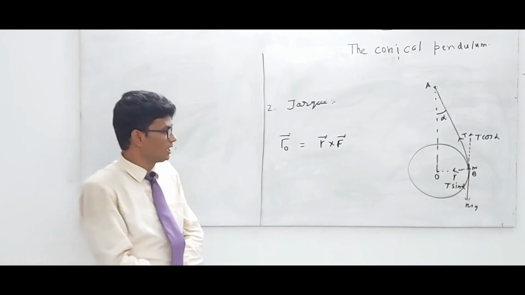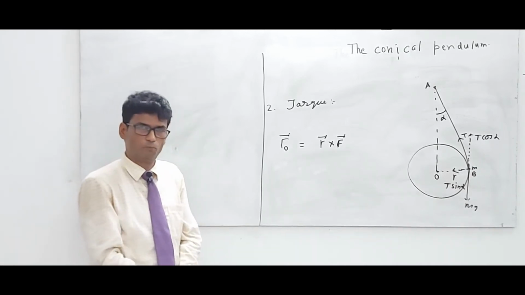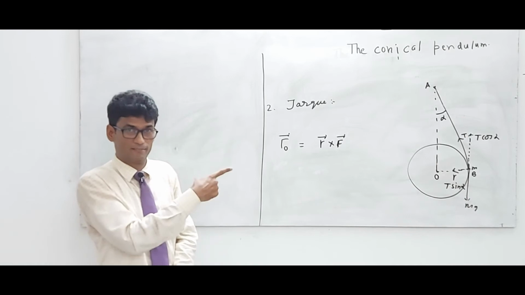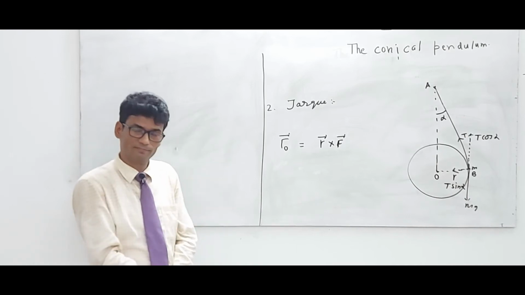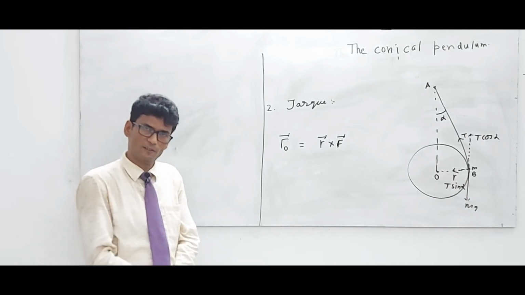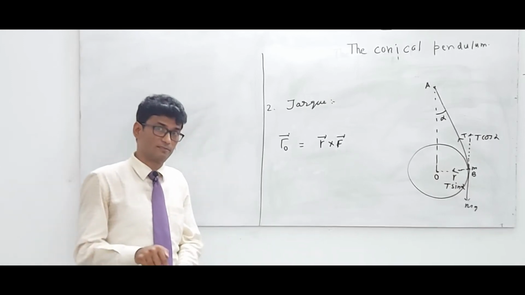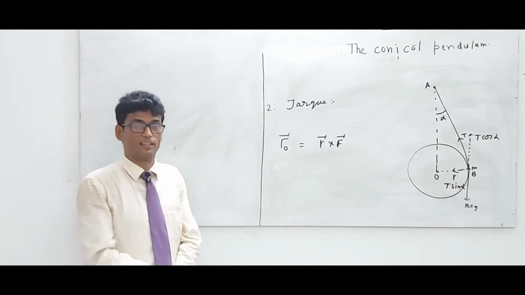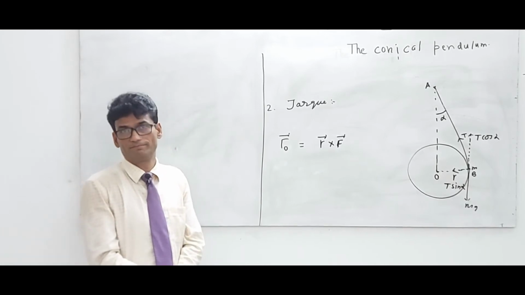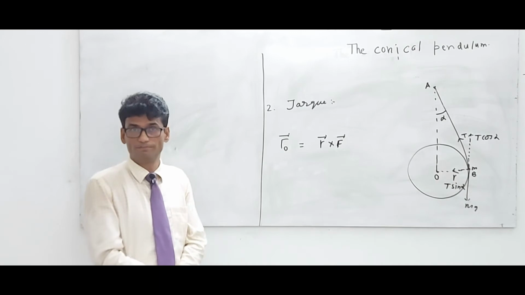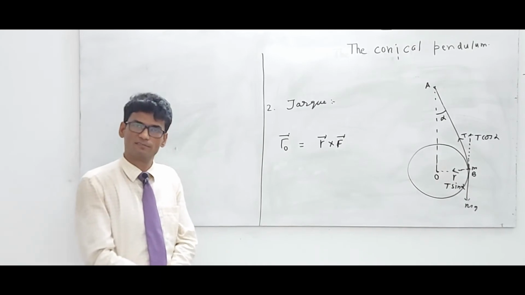Okay. Now the second one, T sin alpha, is pointing towards O. Look at there. If the force points toward the point about which we are interested to find the torque, then the moment arm or lever arm comes out to be zero.